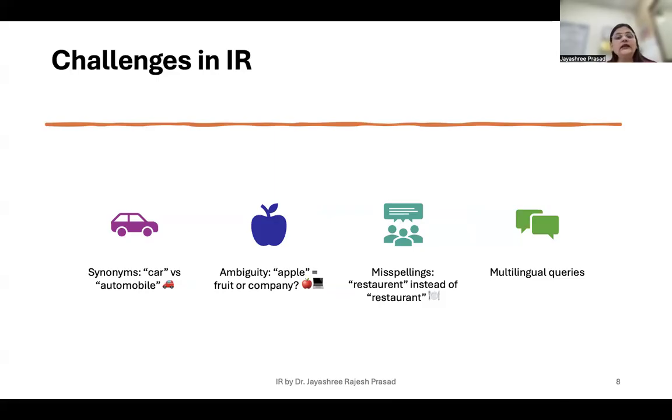When you combine them, you get next level tools. For example, semantic search doesn't just match words, it understands the intent. That's why IR plus NLP is so powerful together. Our aim is to integrate IR with NLP.